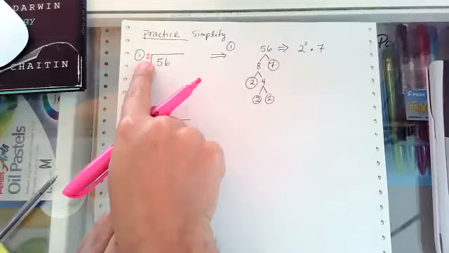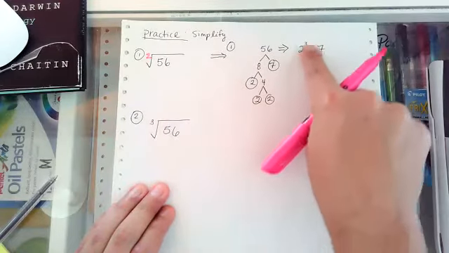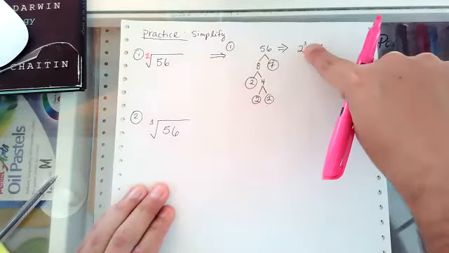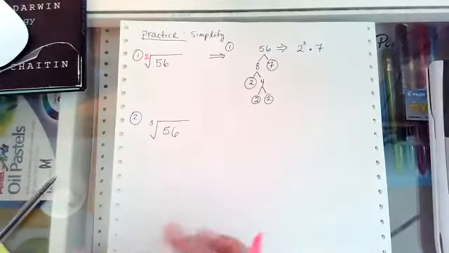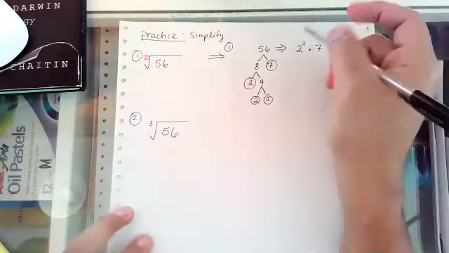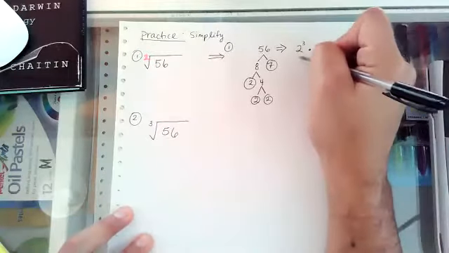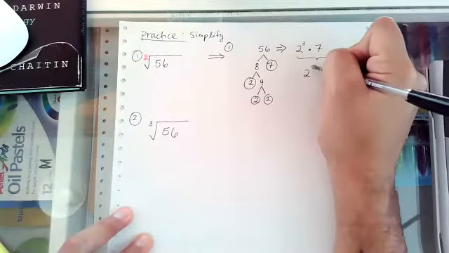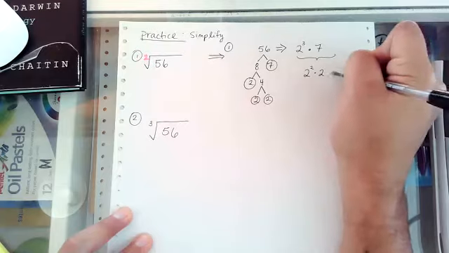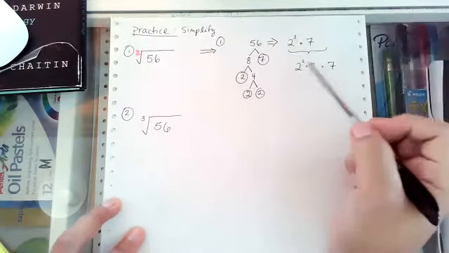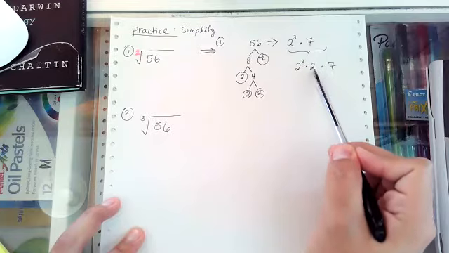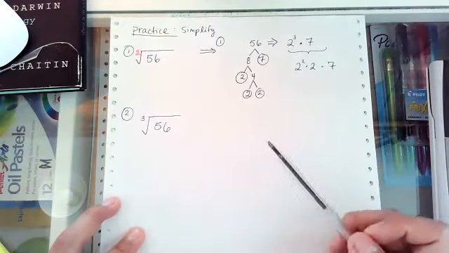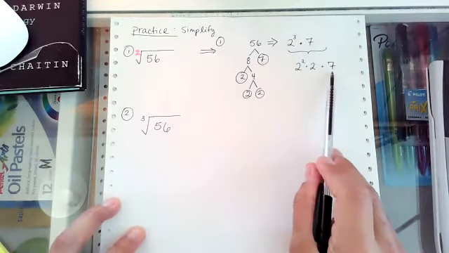So we need to get an exponent of 2 on this value, which has an exponent of 3 currently, because we want the index of 2 on the radical to cancel out the exponent of 2, since those are inverse operations. So what we'll do instead is write this as 2 squared times 2 times 7. And that preserves the integrity of this expression, because 2 squared times another 2 would be 2 to the third power. So that's perfectly okay.